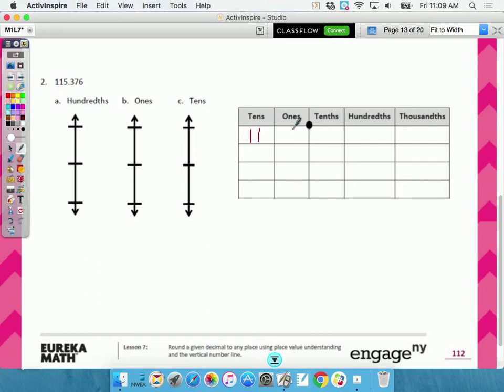Very good. 5 ones. Okay, keep going. 3 tens. 376 thousandths. Good. And it really isn't going to matter because over here, I'm not even rounding to the nearest hundred anyway. So then continue sliding digits.